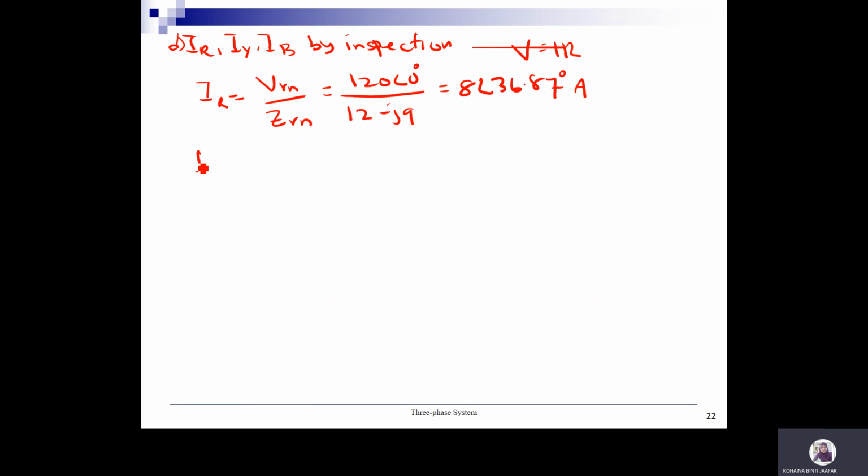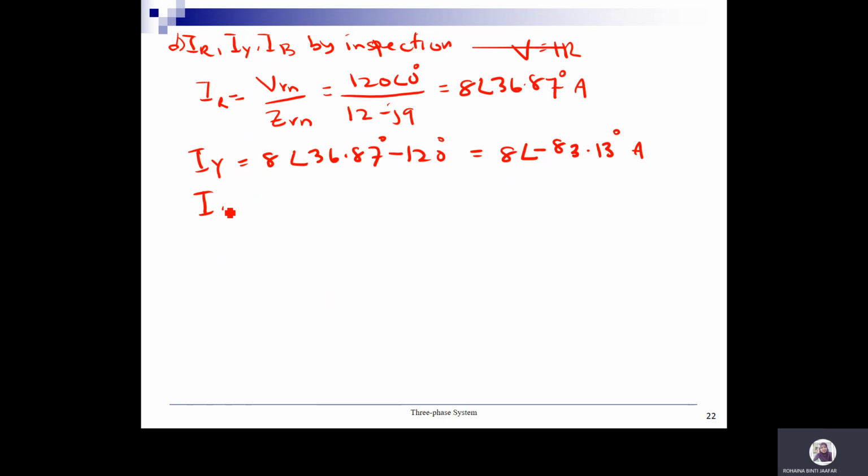We can find the current in yellow and blue by inspection. You just apply the same relationship as the voltage; you don't need to apply Ohm's law. From the value you get for the red phase, the relationship is minus 120 for yellow, same for current and voltage. You will get 8 with angle minus 83.13 amps.